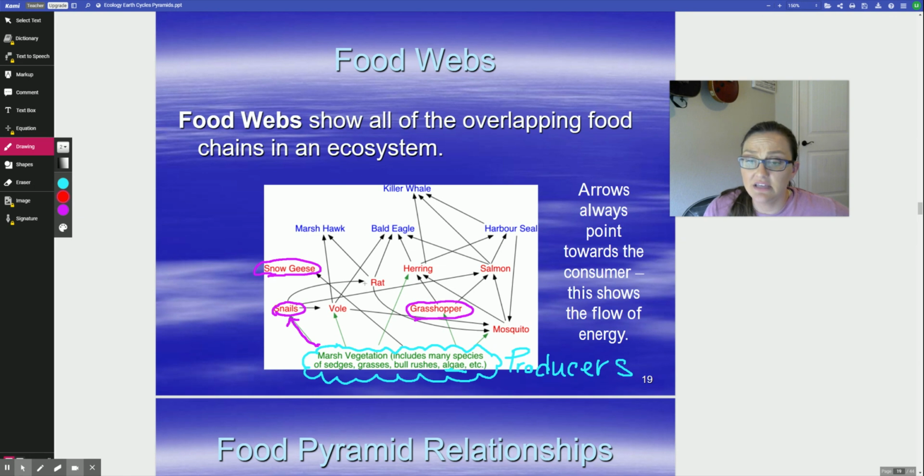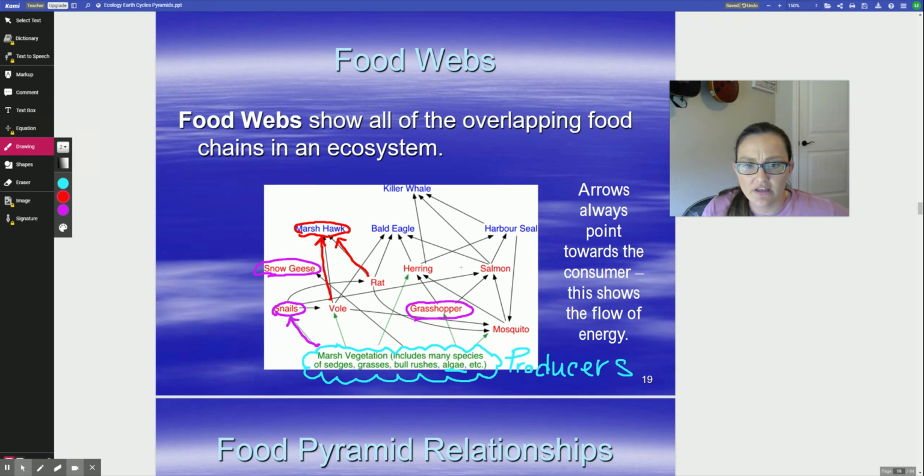Carnivores can only eat meat. So let's find the ones that are not eating any grass. They are only eating meat. So according to this, this marsh hawk eats these voles, which are like moles, and then it eats rats. So that's a carnivore.